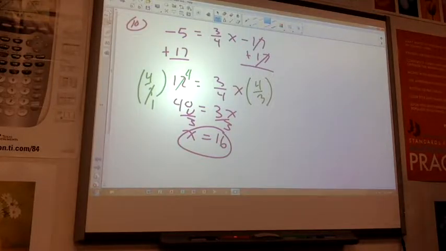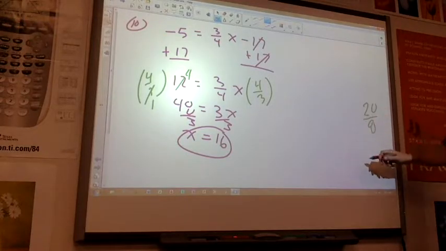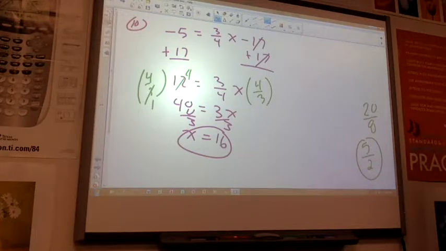Number 11. Looks like 20 over 8. Hang on, I got to reduce this. 20 over 8 reduces. 4 goes into both top and bottom. To that, 5 over 2, or 2.5. On a test, if it's an improper fraction, that's totally fine.